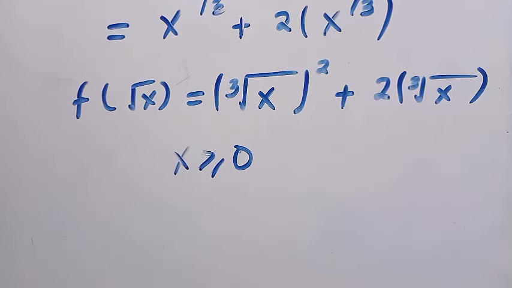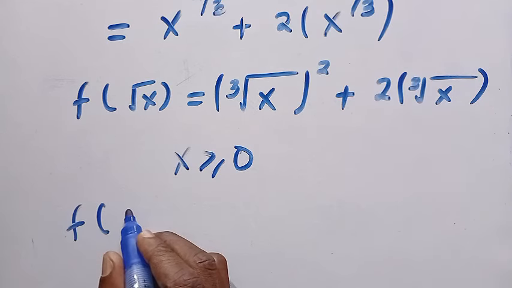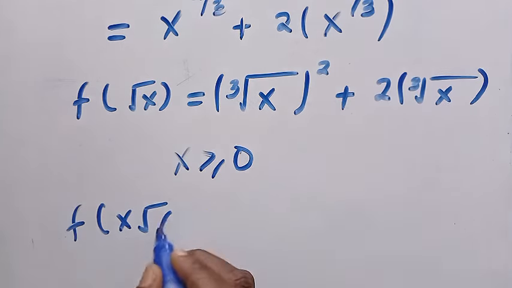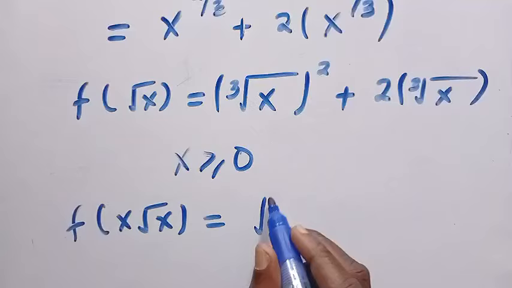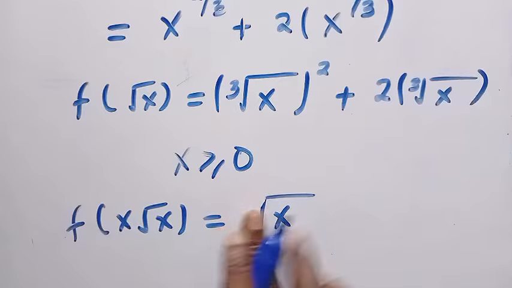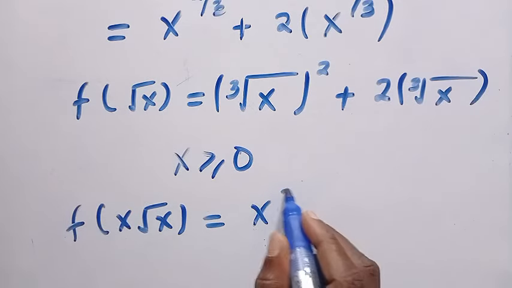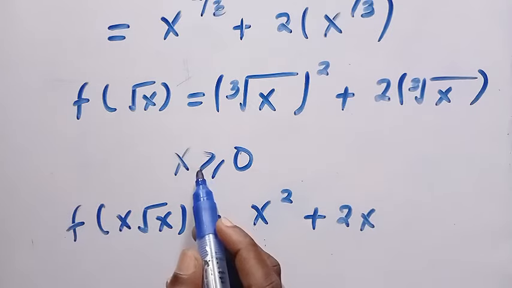So likewise, if you look at the first main function, f of x, which equals the cube root of x raised to power of 2 plus 2x, this also follows this.